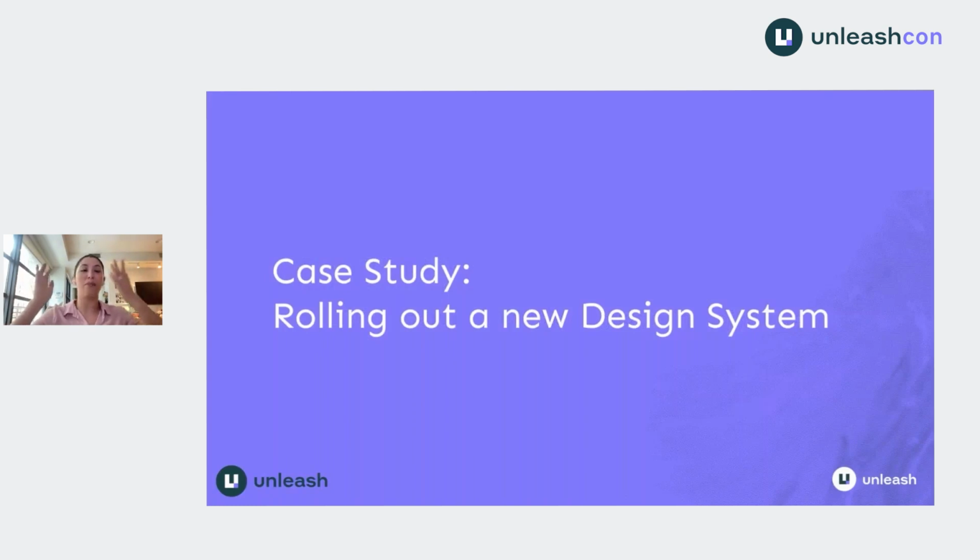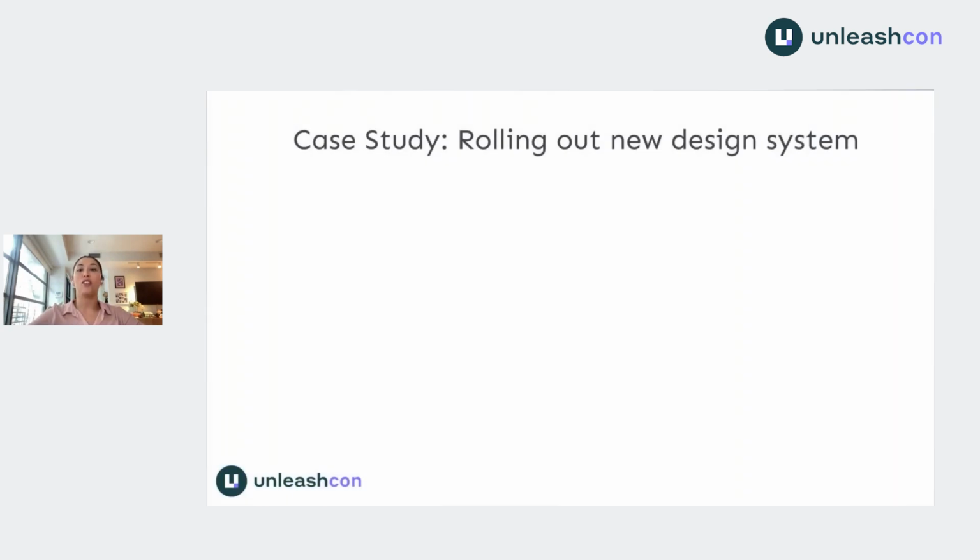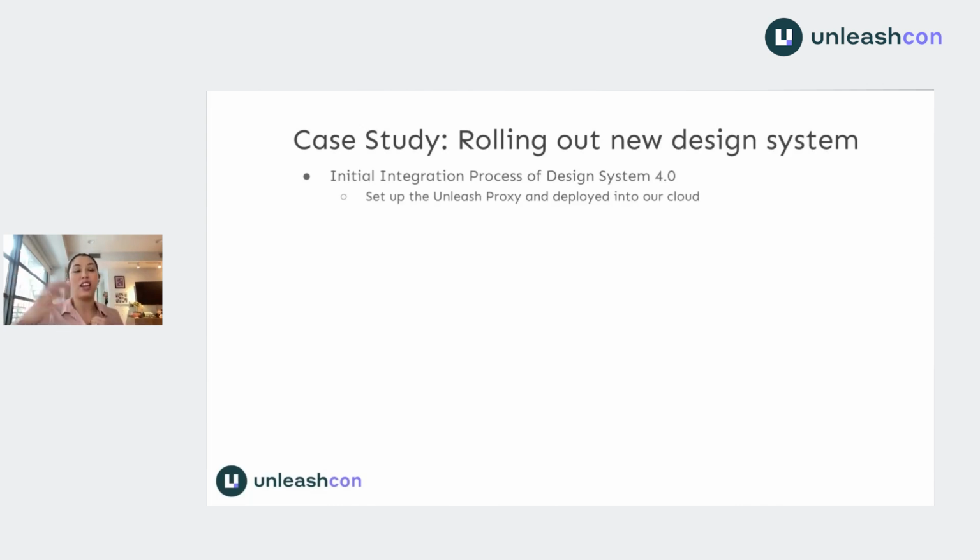So as promised, I will go ahead and talk about what rolling out our new design system looks like. It was a pretty big process. It was called Design System 4.0, or DS4 for short. We set up the Unleash proxy and made sure to deploy it into our cloud.